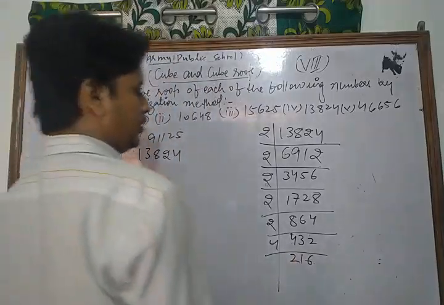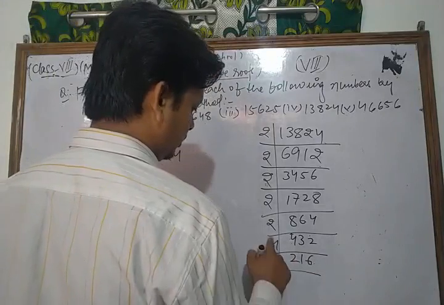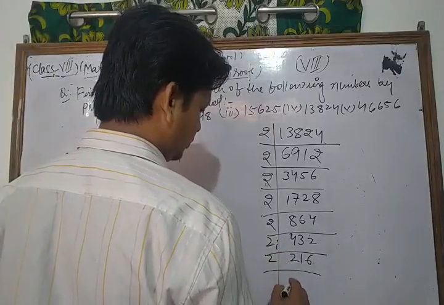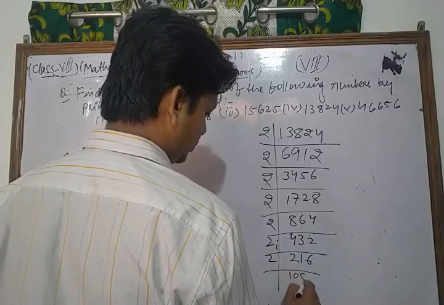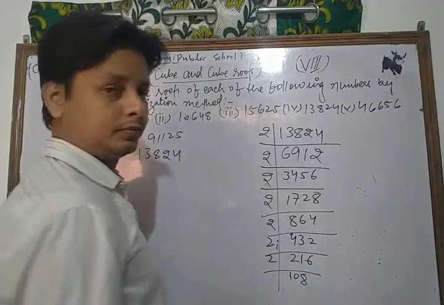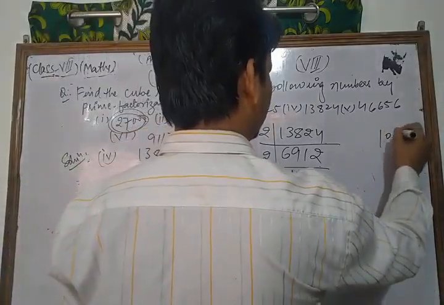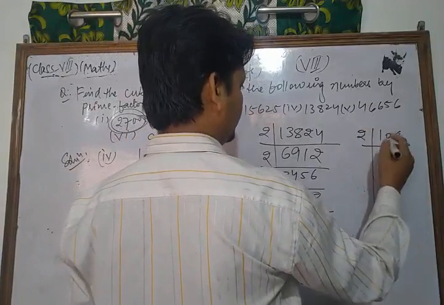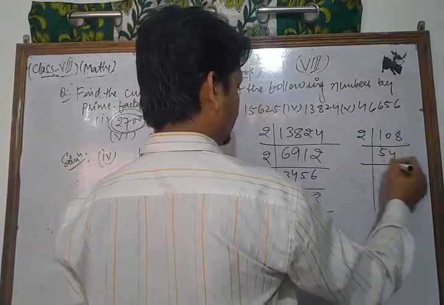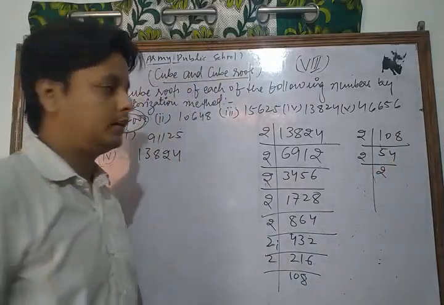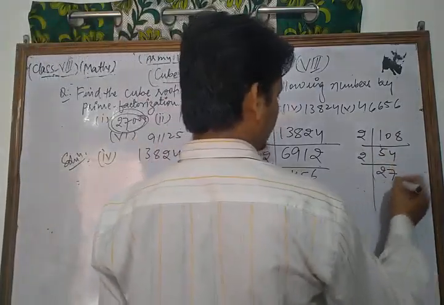Okay, now again by 2, 2 1s are 2, 0, 2 8s are 16. Now again by 2, 2 5s are 10, 2 4s are 8. Now again by 2, 2 2s are 4, 2 2s are 4, 2 7s are 14.